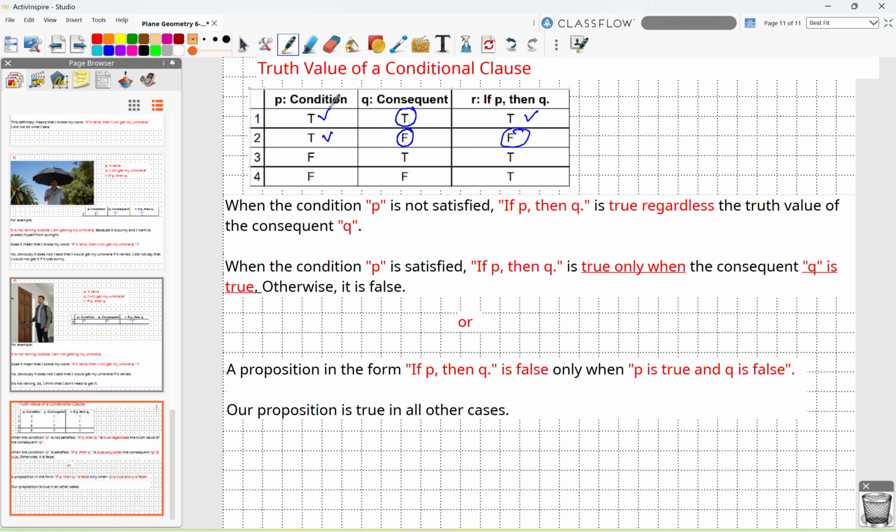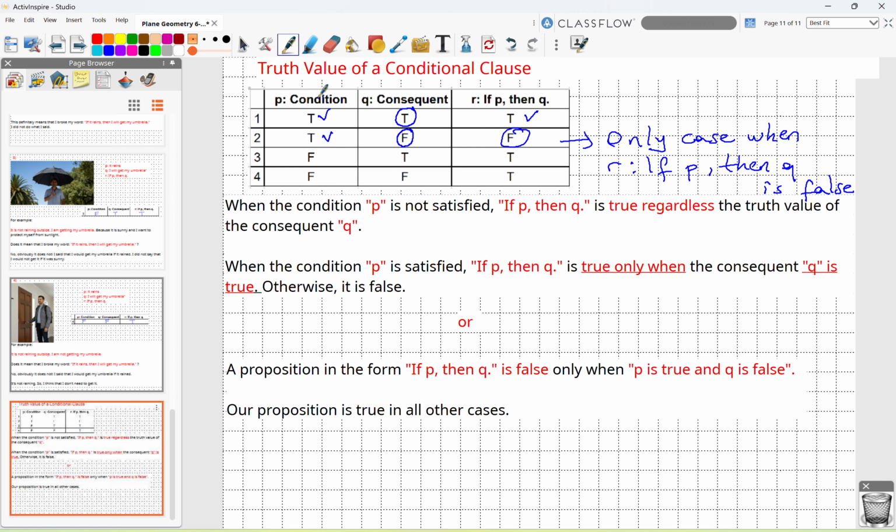So when the condition is satisfied, if the consequent Q follows, then if P then Q is true. If the consequent Q does not follow, then if P then Q is false. And this is the only case when R, which is if P then Q, is false. In all other cases, you see if P then Q is true.